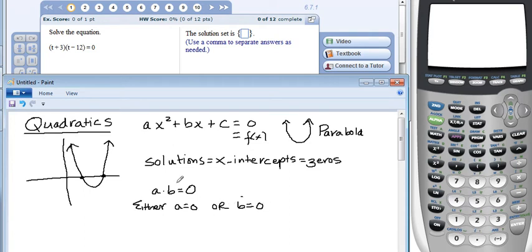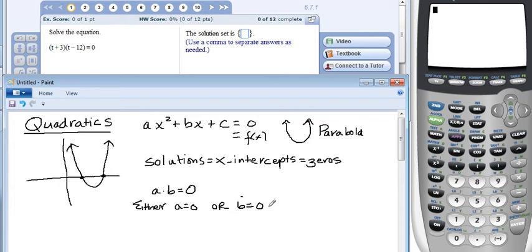And there's no other way that I can take two things and multiply them together and get a 0 for an answer if one or the other, or both, aren't 0, right? I mean, there's just no way. I can't have two numbers multiplied and come to 0 without one of them being 0, which is very useful. This is a very useful statement right here.